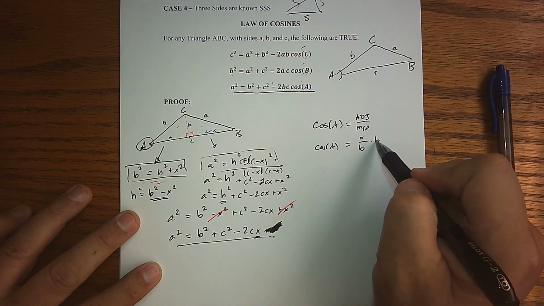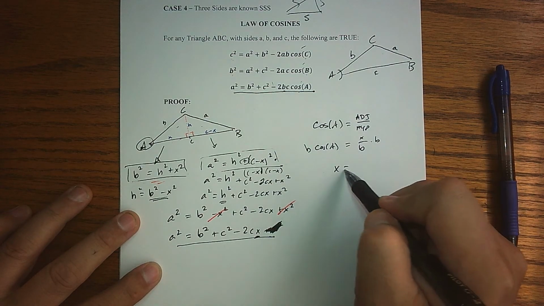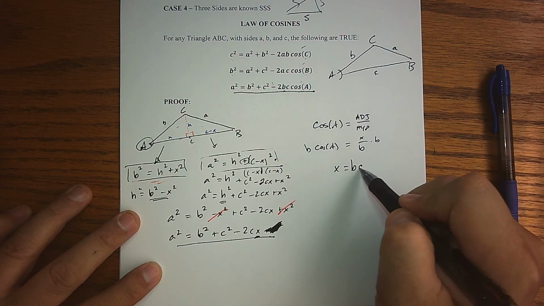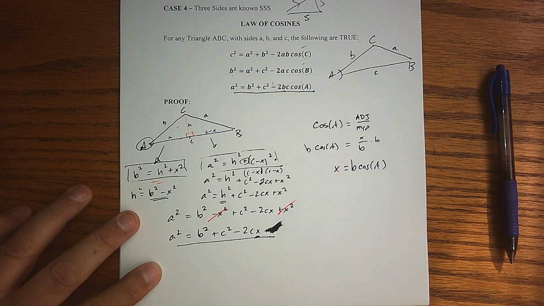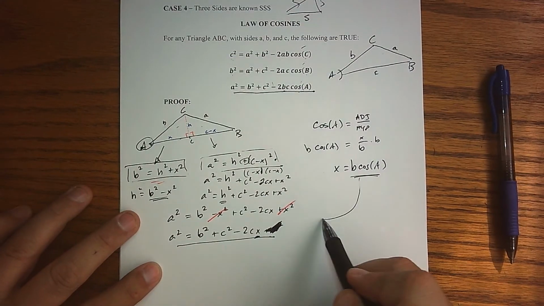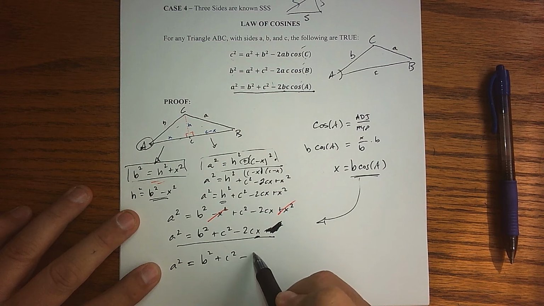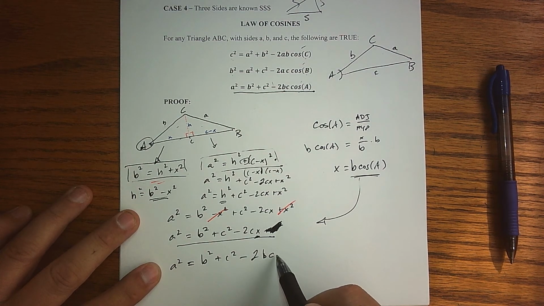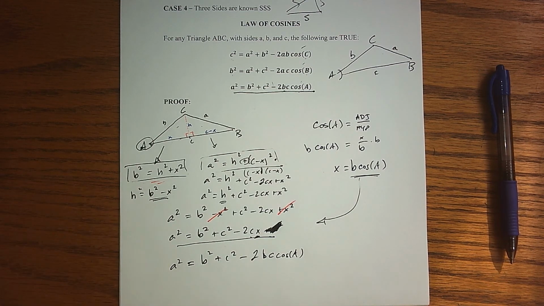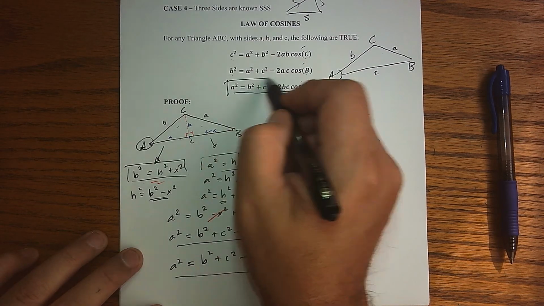And so multiplying both sides by b, we end up finding that x is b cosine of a. So I can come down here and make that substitution, and we end up with a squared equals b squared plus c squared minus 2 times b cosine of a times c, that c that was already hanging out there. And so you basically have your proof for that one right there.